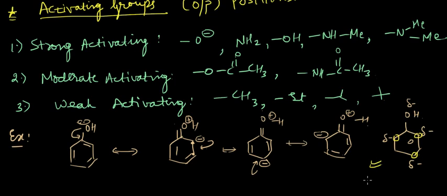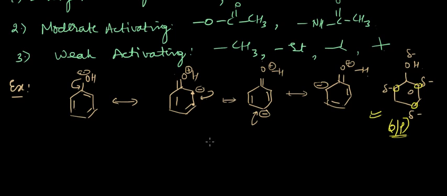Hence, the incoming electrophile will see more electron density at either the ortho position or para position. Hence, it would like to attach itself at these positions. Okay, that's what we mean by activating groups being ortho and para directing.